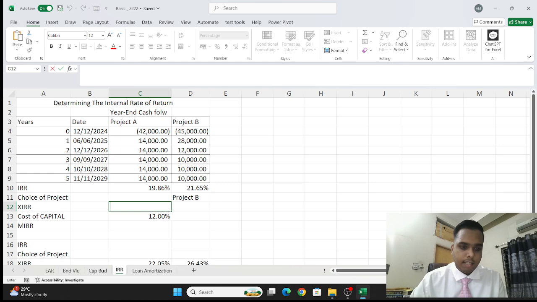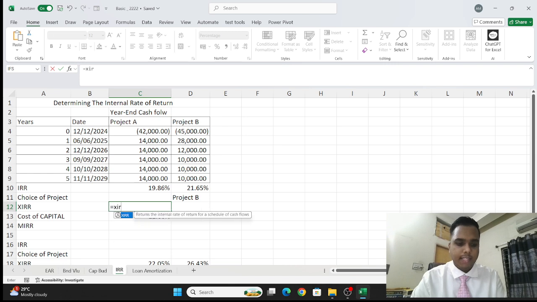For determining XIRR using Excel, we have to write equal XIRR, tab, values of project A, comma, dates of project A, comma, guess.